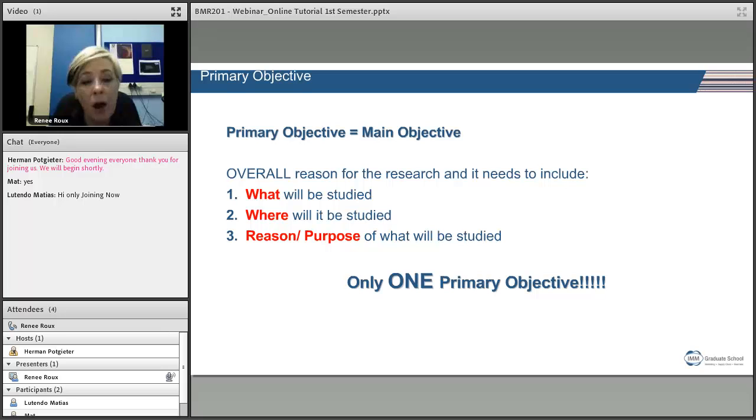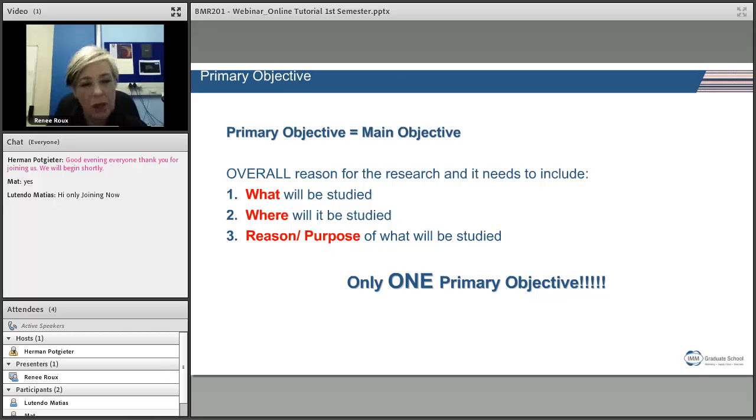A primary objective is your main objective of what you want to achieve. And please note, a primary objective is only one objective. There are not 2 or 3 primary objectives. When you develop the primary objective, there is only one. And you have to cover in that objective what will be studied.